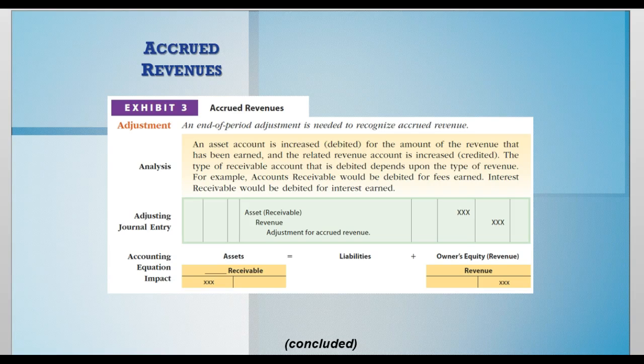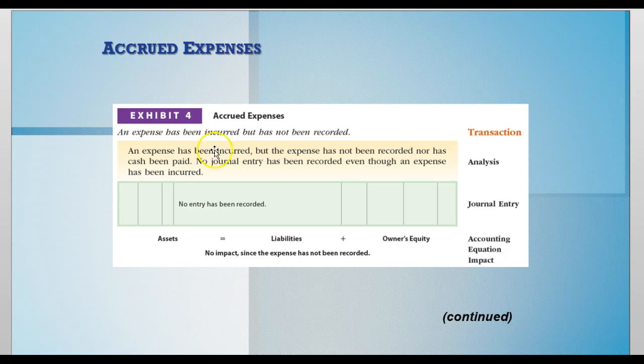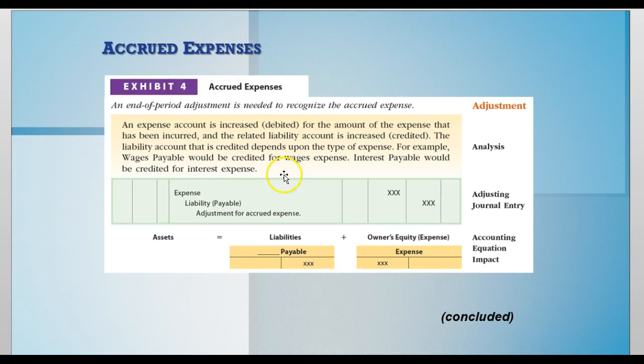Now let's look at one more, and you can see it. Now this one is an expense. It's an expense, but nothing has been recorded. And this is what we will record. This is an expense we've found, and it is going to be debited in the expense and then credited to a liability.